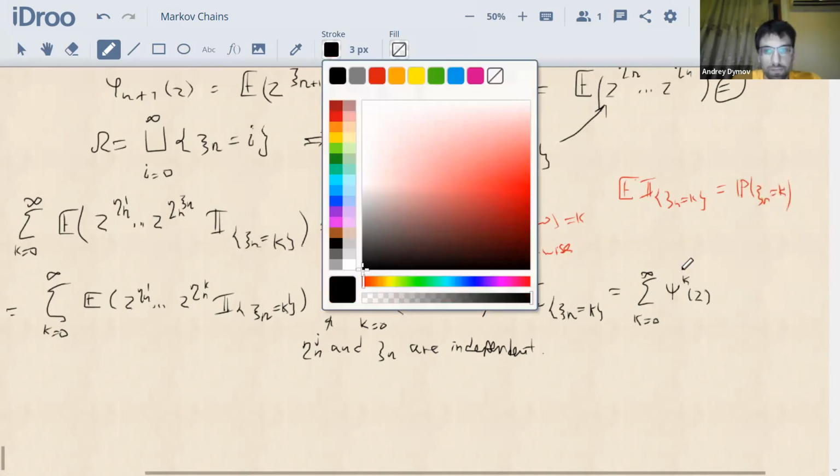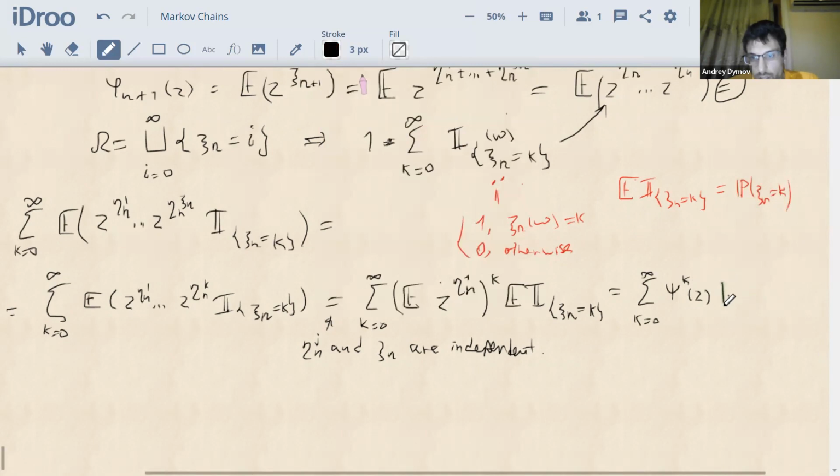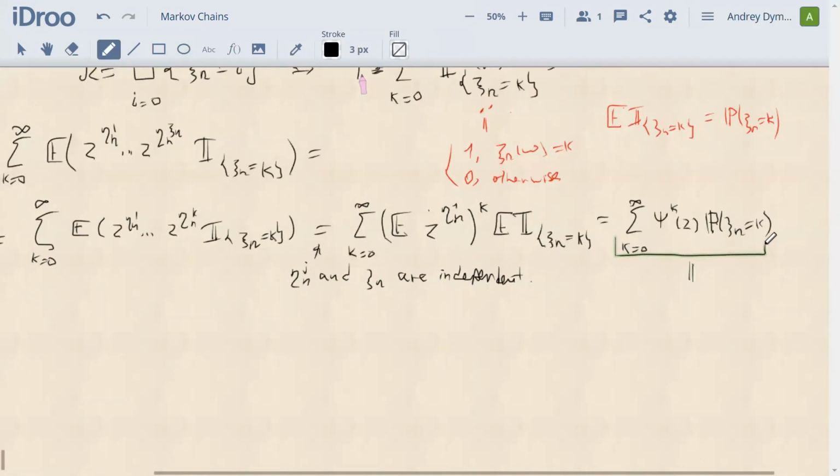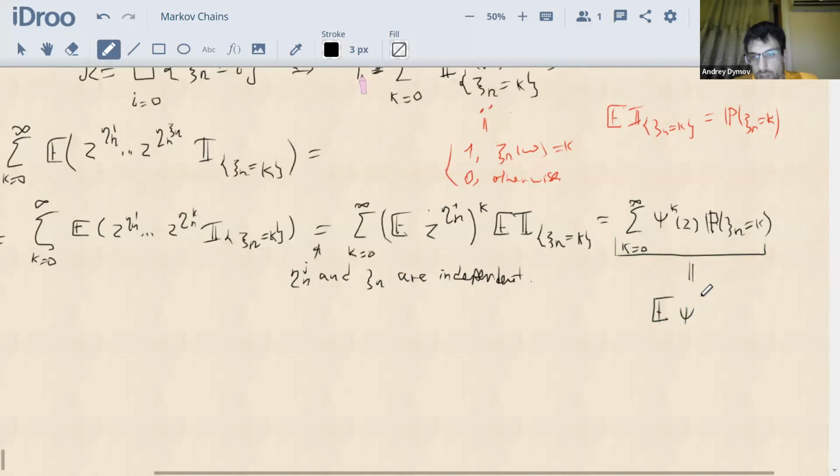That's why I insert here this probability. And now who can say what is written here? What is this? The expectation of z to the power of psi n. Yes, exactly.